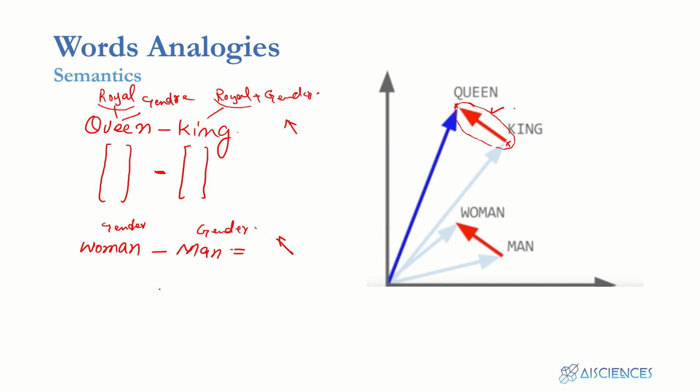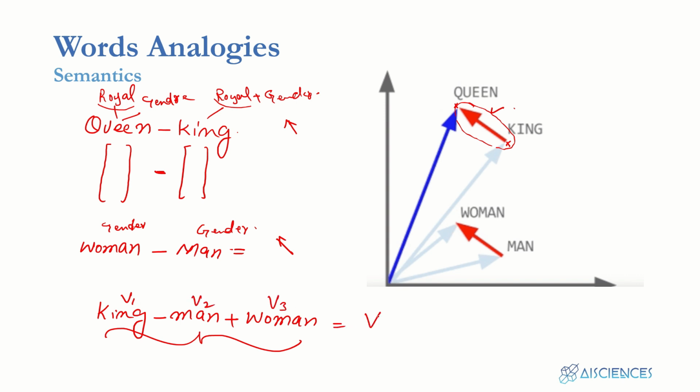Further, if you think about these subtractions in words, not as a string form, but as a vector form, then you can think of, if from the king I subtract the man, and then I add a woman, then this vector, so let's say vector 1, vector 2, vector 3, the resultant is a vector, let's say v.